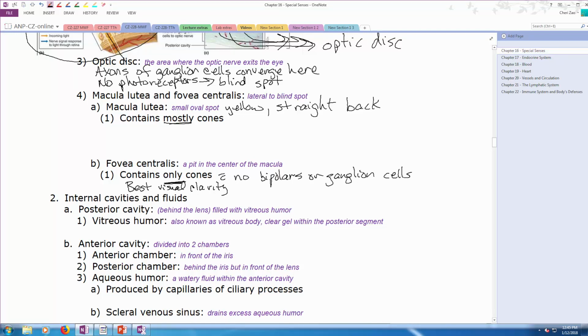Now let's go back to the macula lutea. Mostly cones, and when we get away from the macula, cones gradually decrease until we get to the edge of the retina.